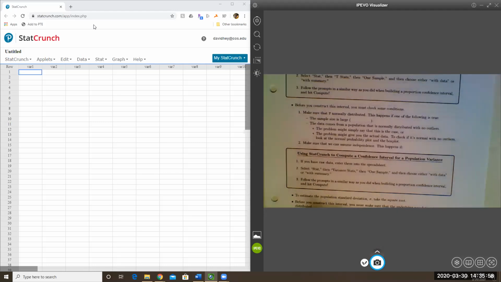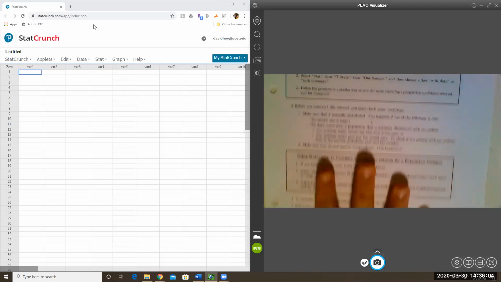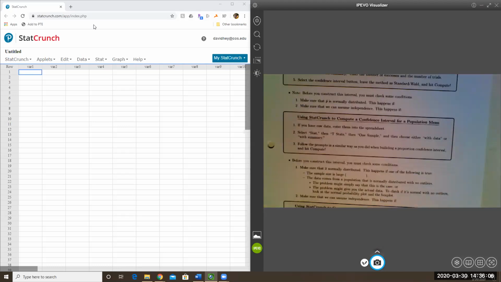Okay, so pretty straightforward for proportion, Stat, Proportion Stats. For variance, Stat, Variance Stats. For mean, that's the only one that you have to remember. You have to go to T Stats. But it might help you to remember why you do that if you remember the reason for it. The reason is because we follow Student's t-distribution to get those critical values.